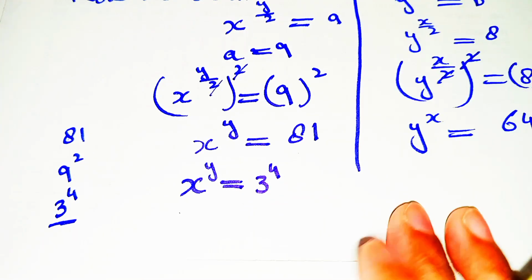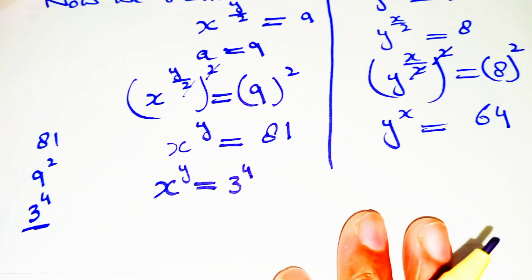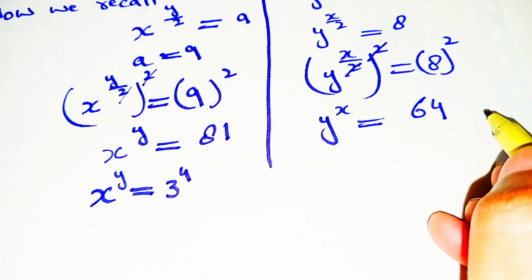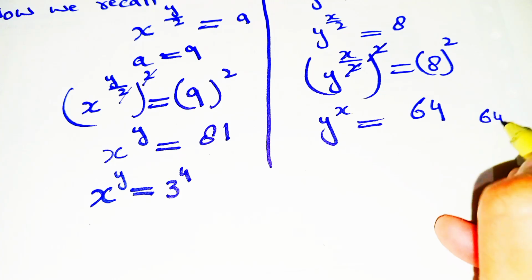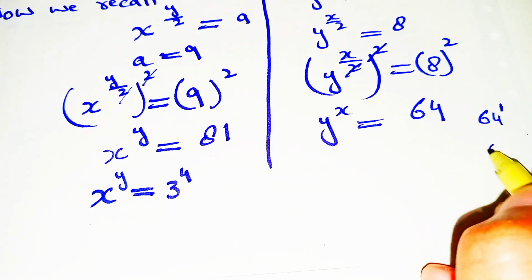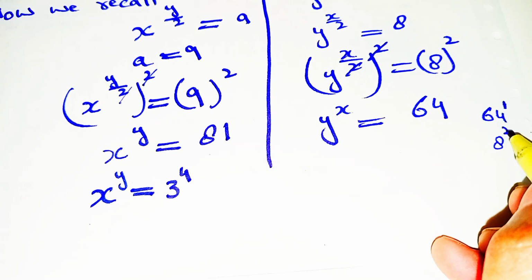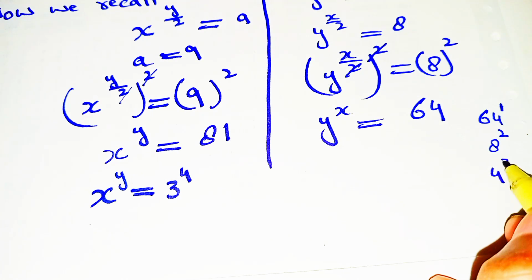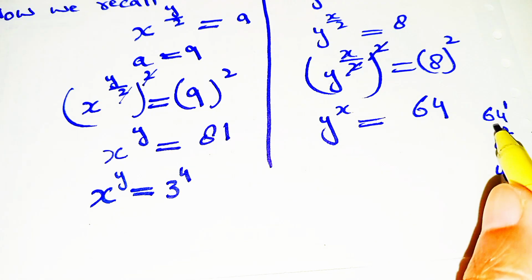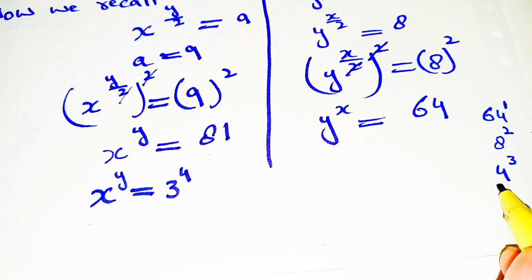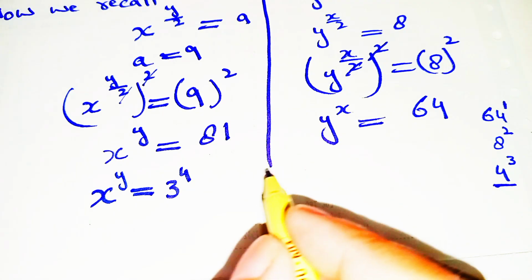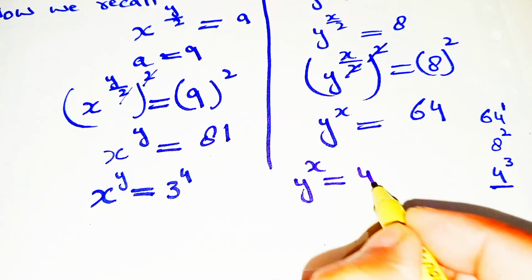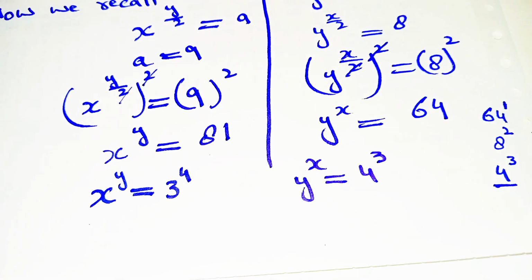Same here, 64 is 8 squared, and 8 squared can be written as 4 cubed, since 4 multiplied 3 times is 64. So y to the power of x is equal to 4 cubed.